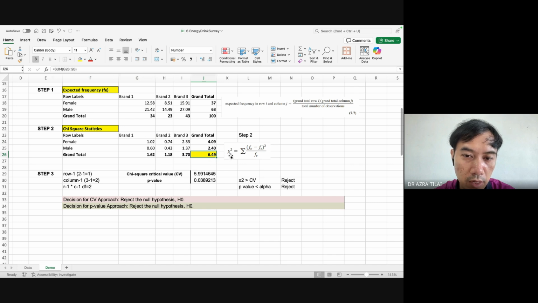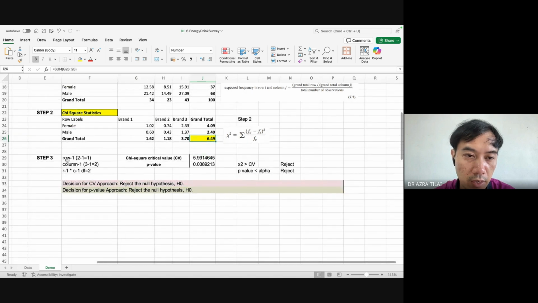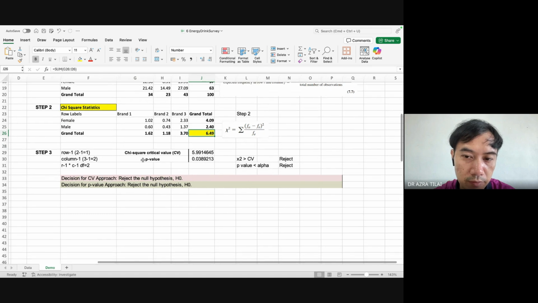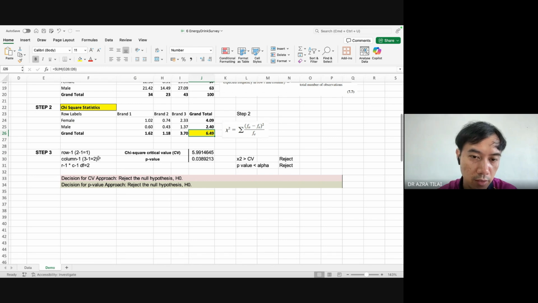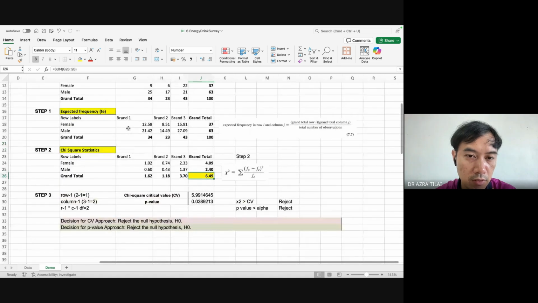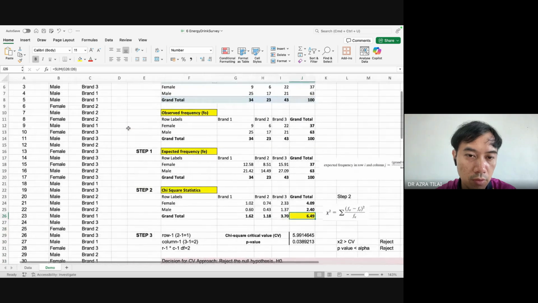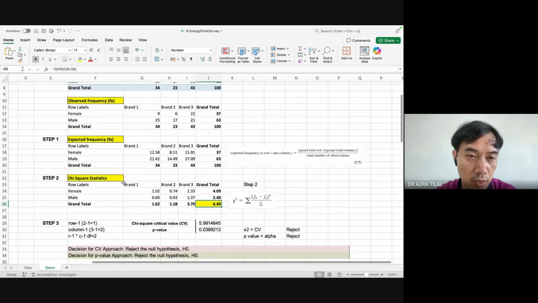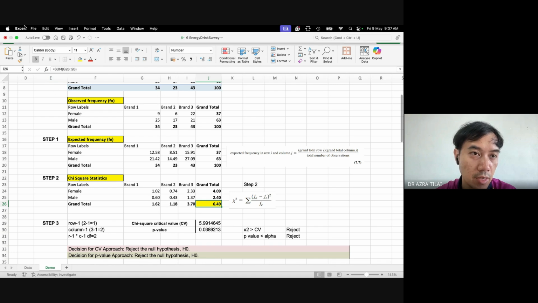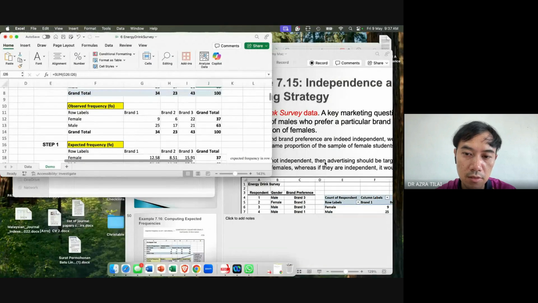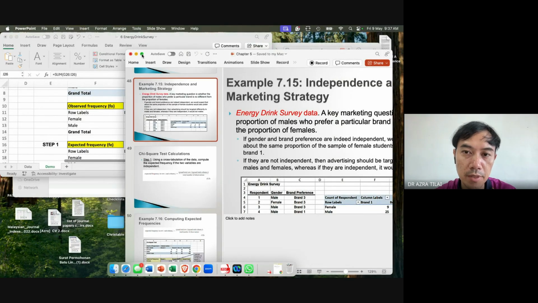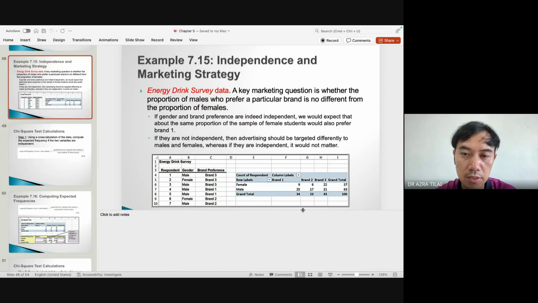Once you have this, you just follow this formula. And then after that, step three, in order for us to know whether we want to reject or accept the null hypothesis. All of this is shown here for you to follow. You can just follow the example here in order to find the result for the hypothesis. So that's regarding the example for energy drink survey data.